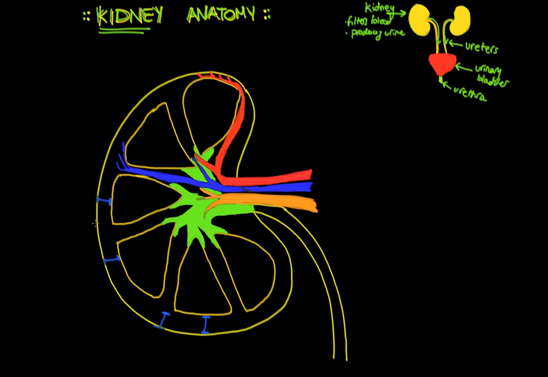And so this is typically around 1 centimeter in width, and we call this area the renal cortex. So the renal cortex is the outside or outer compartment of the kidney. And then we have the inner compartment, and that's going to be known as the renal medulla.